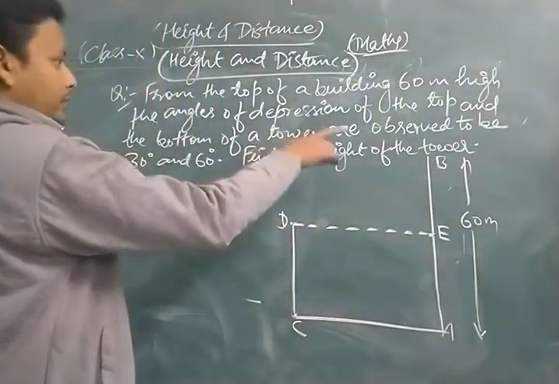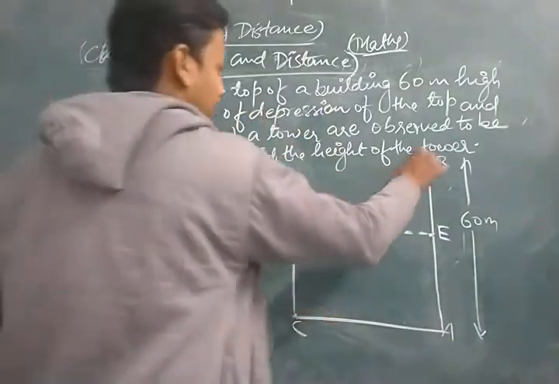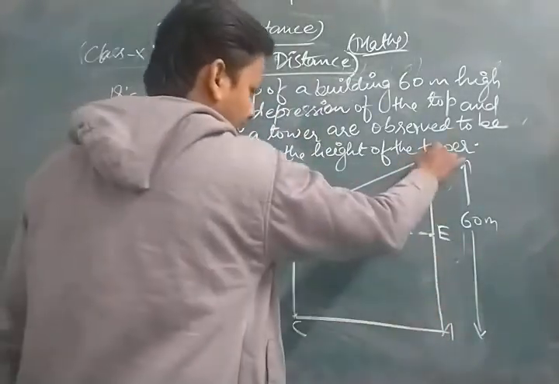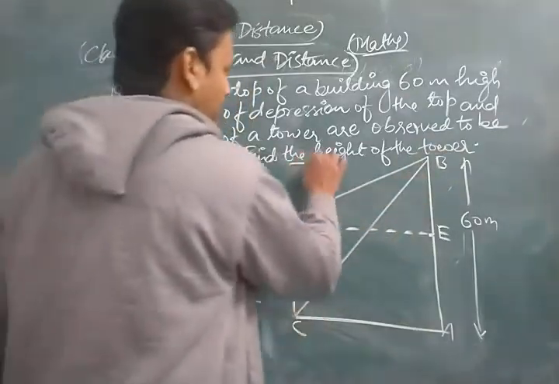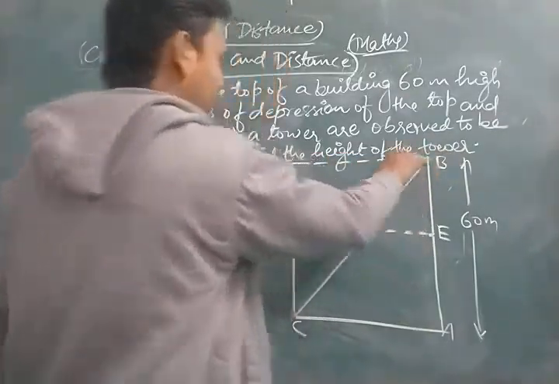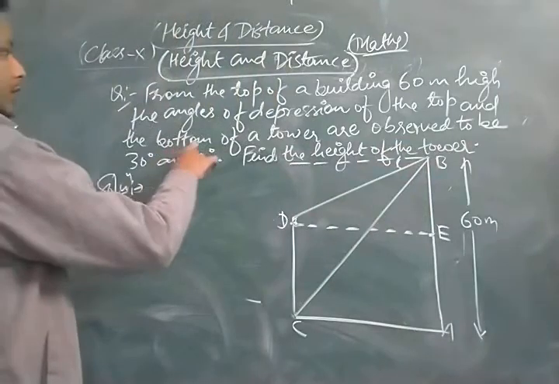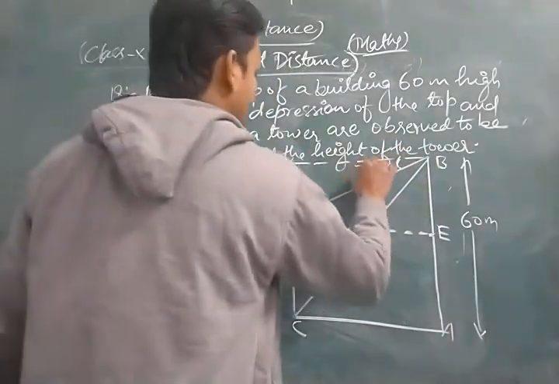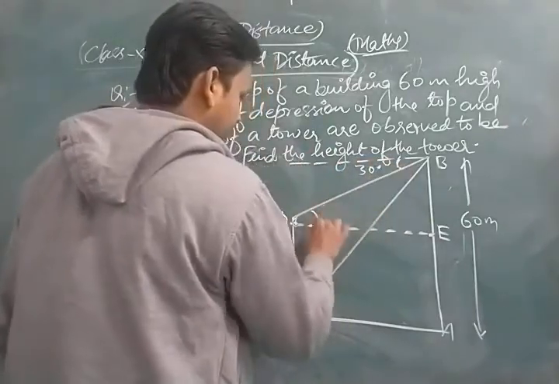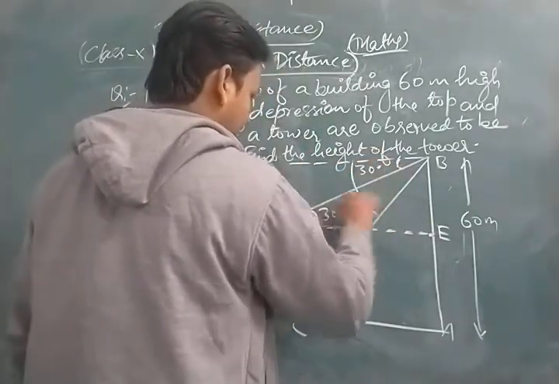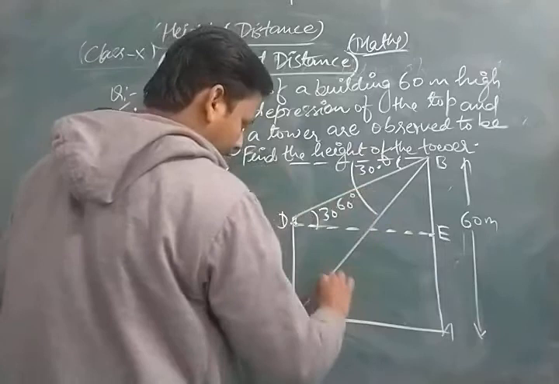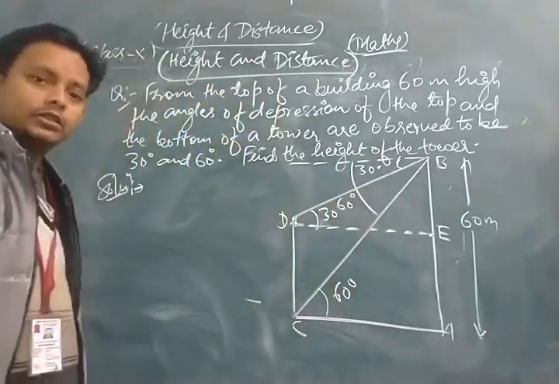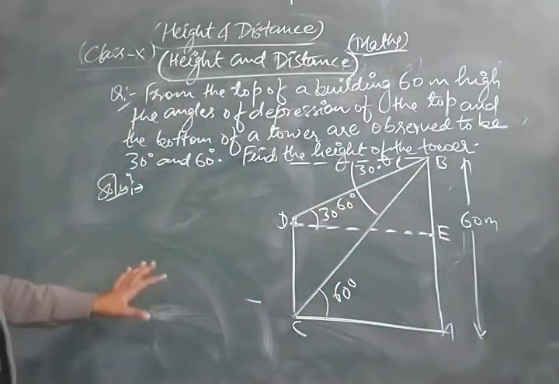The angles of depression of the top and the bottom of the tower are 30 and 60 degrees. This is 30, so this is also 30, and this one is 60 degrees, so that one is also 60 degrees. Okay students, now we find the height of the tower.